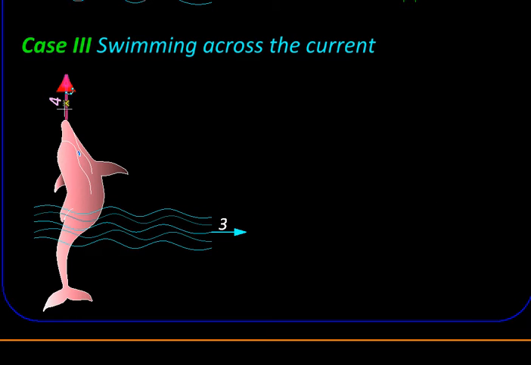In this case, the dolphin is going to move 4 meters in this direction, but the current would carry it 3 meters in that direction, and therefore the effective displacement of the dolphin would be from this point to that point in an inclined direction like this, and its magnitude would be 5 meters. And this is going to happen every second. So the net velocity of the dolphin is going to be 5 meters per second.